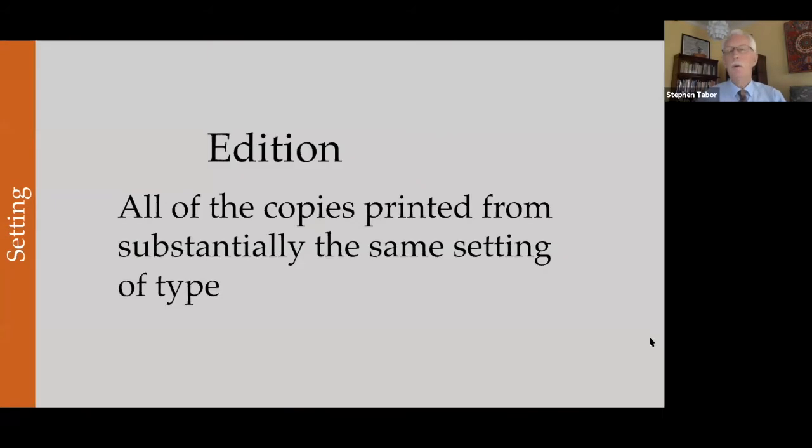We now come to our second definition. An edition is all of the copies printed from substantially the same setting of type. In the hand press period before about 1830, edition sizes generally ranged from a couple of hundred copies to 1,000 copies.